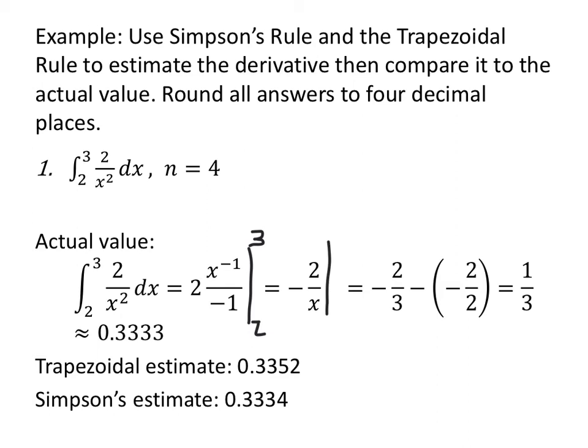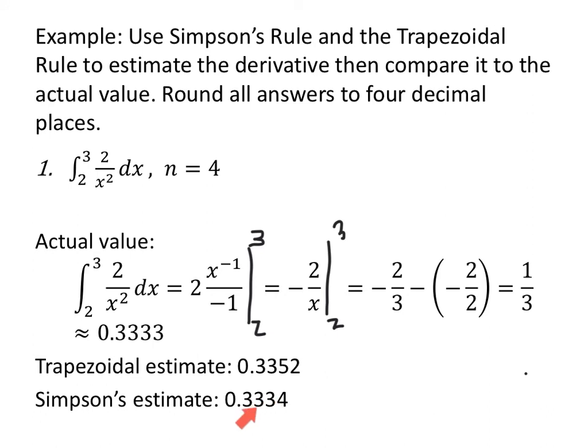That's a 3. Boy, that's an ugly looking 3, isn't it? I put in a 2, which looks like a z, and a 3. I don't even know what that looks like. When I evaluate negative 2 over x from 2 to 3, I get negative 2/3 minus negative 2/2. Subtracting a negative, that's negative 2/3 plus a whole, which is a positive 1/3.